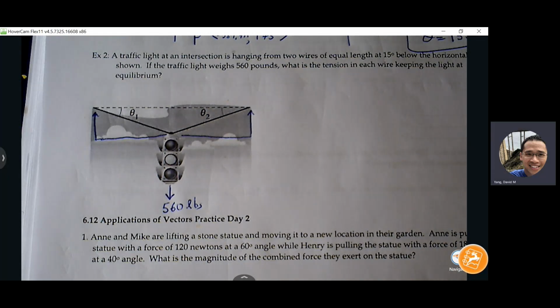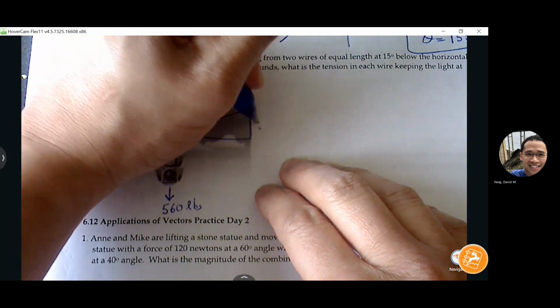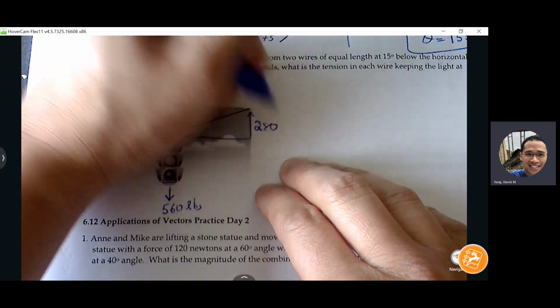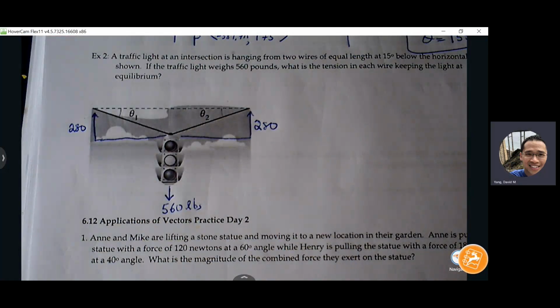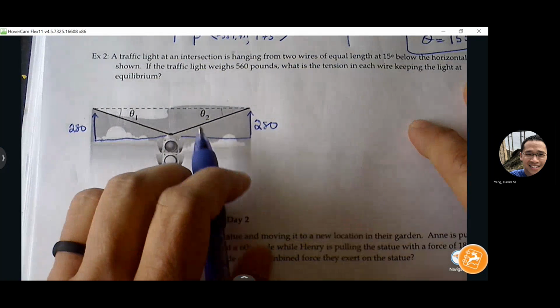So what's 560 divided by 2? 280. So we have these two wires that both have a force of 280 pounds pointing the other direction to maintain that downward force from that traffic light.